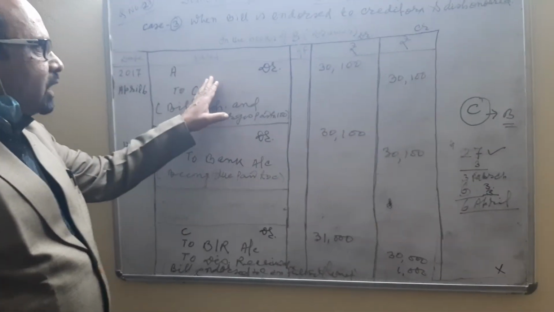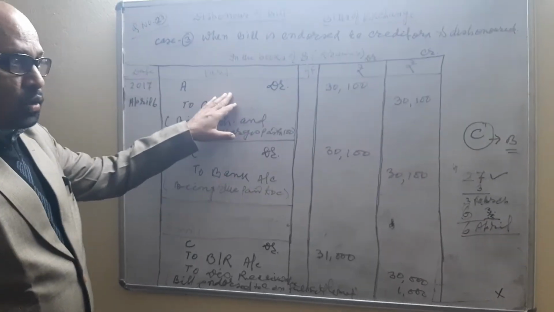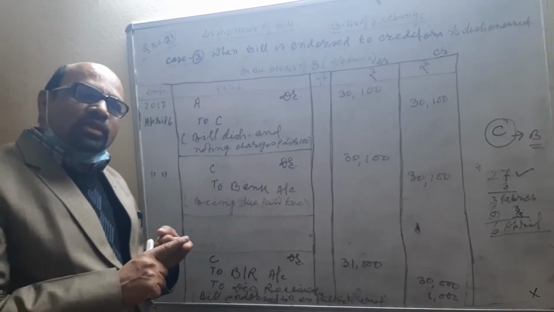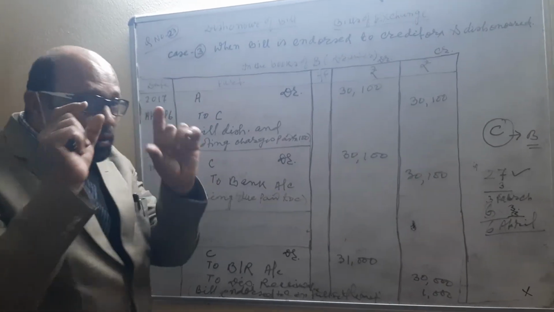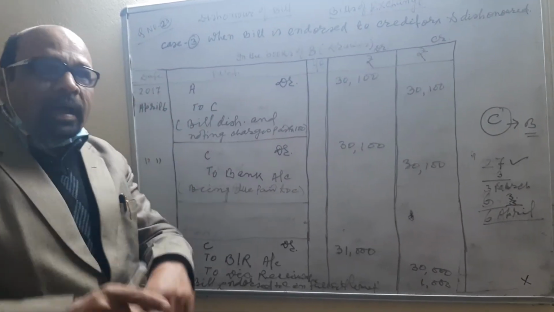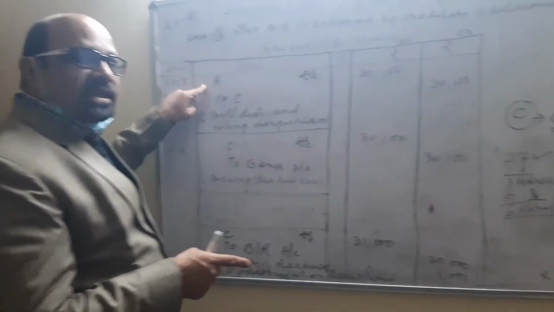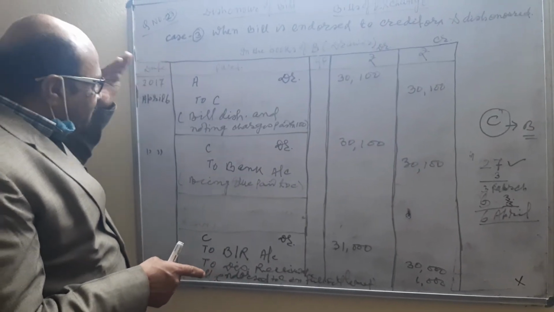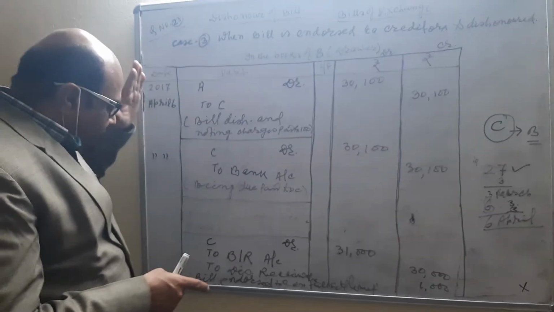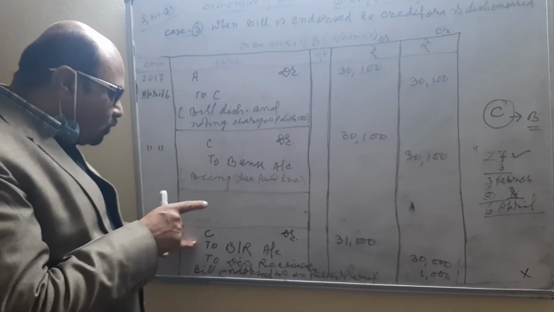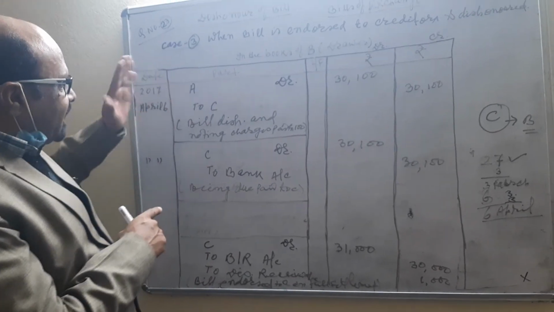The bill is dishonored. The main entry, try to understand again, and I told you in my previous classes also that you keep in your mind as a capsule that whatever may be the case, the drawee account should be debited. And before dishonor, the entry which was passed in the books, the account which was debited should be credited.